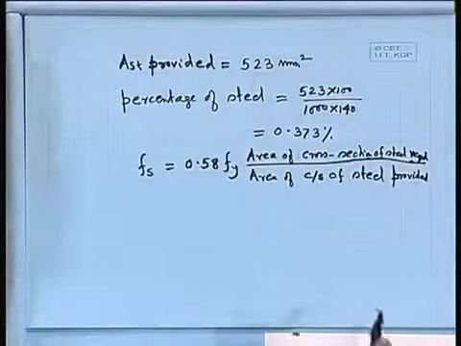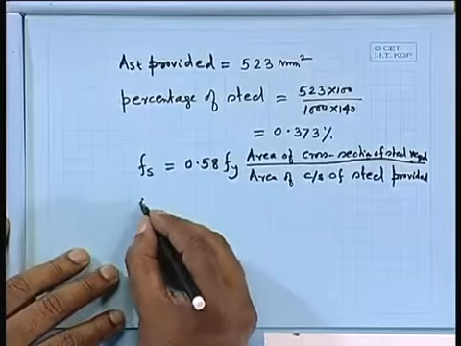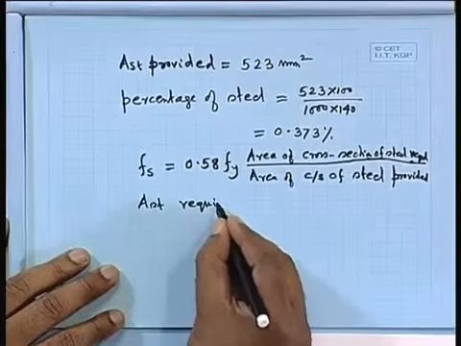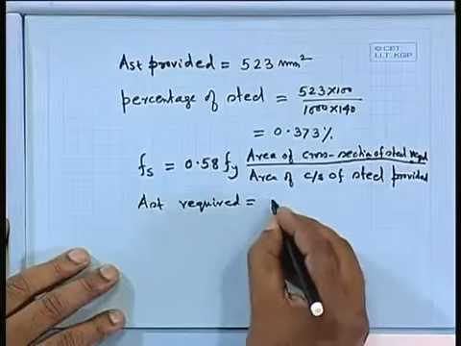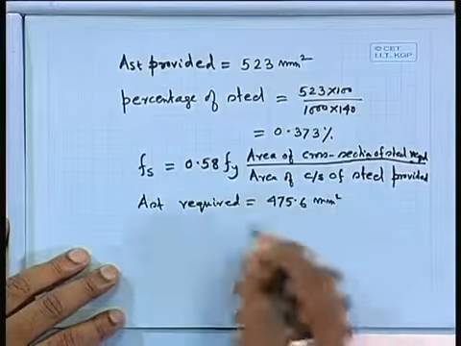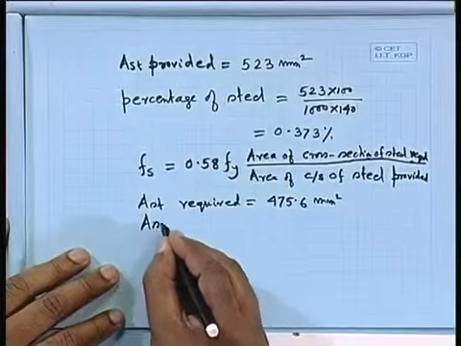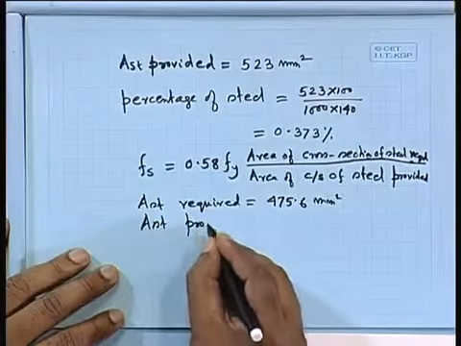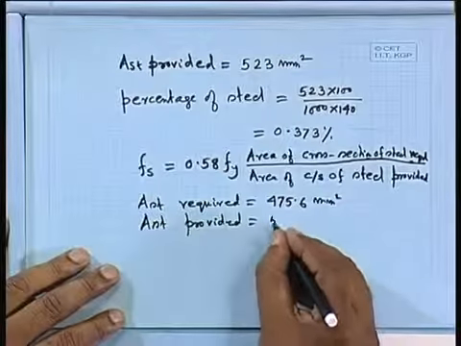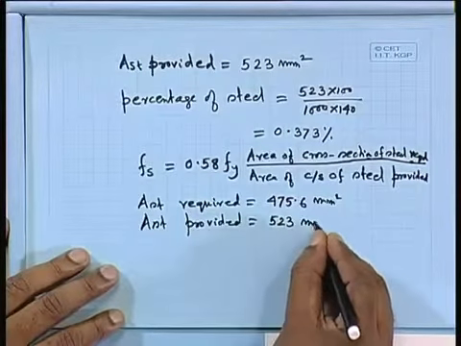Let me write it down clearly: Ast required equal to 475.6 square millimeter, Ast provided equal to 523 square millimeter.